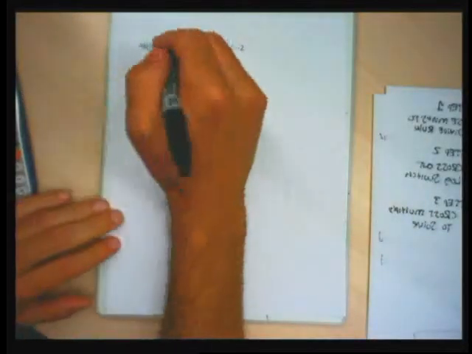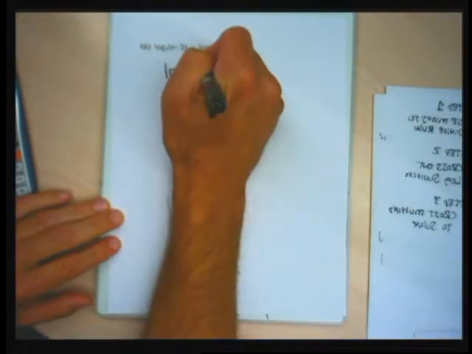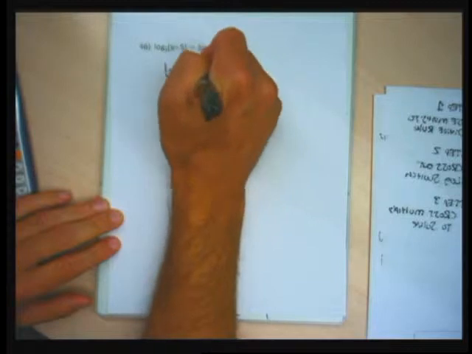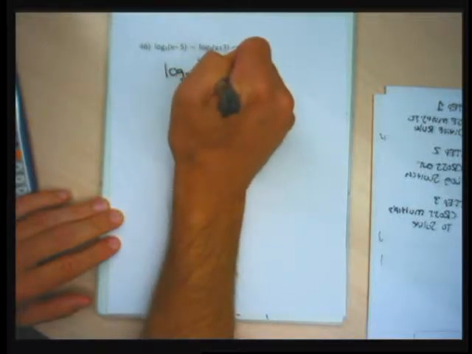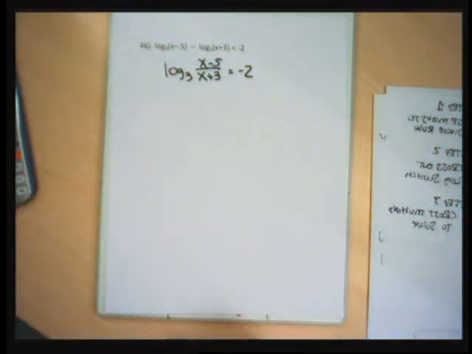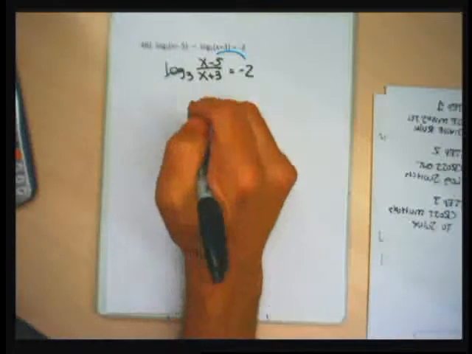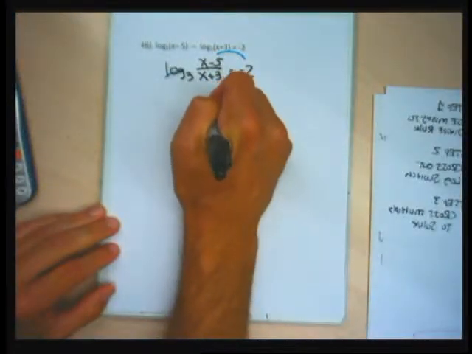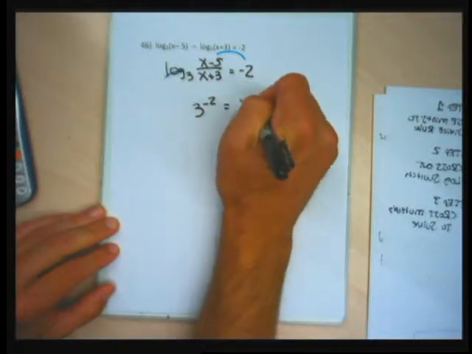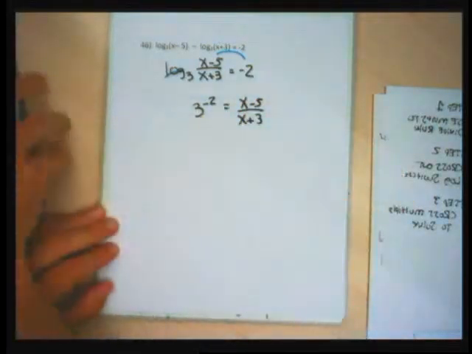Step 1, minus to divide rule. I get the log base 3 of x minus 5 over x plus 3 equal -2. That's step 1, using the minus to divide rule. Step 2, cross out the log and switch. I get 3 to the -2 power equals x minus 5 over x plus 3. Step 3, solve by cross multiplying.